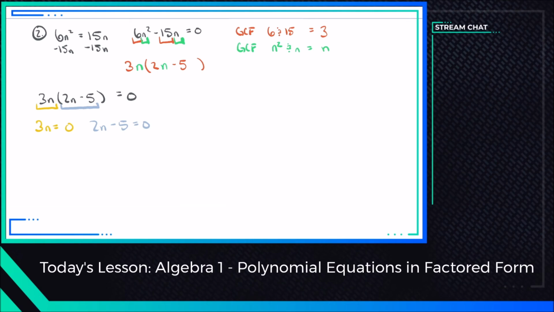And so we'll divide by 3 on both sides here to get n is equal to 0. Or we can add a 5 here to get 2n is equal to a positive 5. Divide by 2, divide by 2, n is equal to 5 halves.